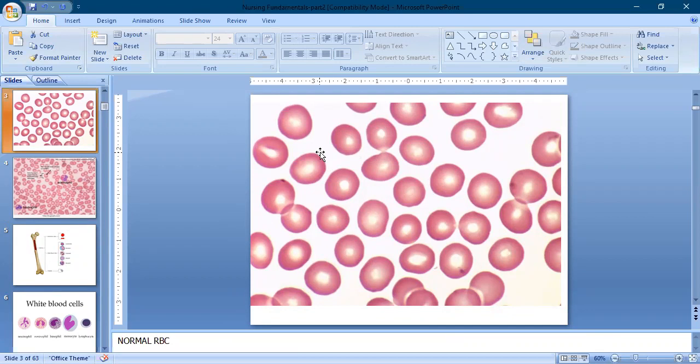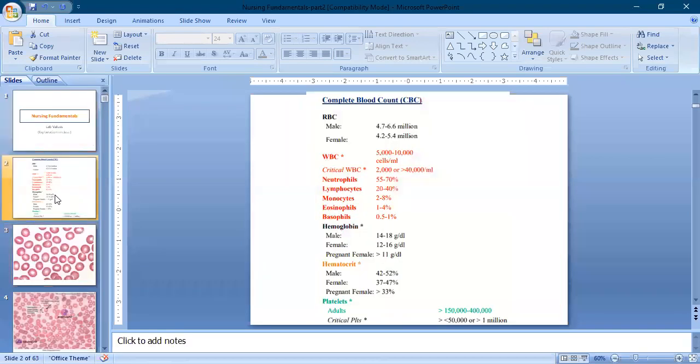So in case of blood loss, sickle cell anemia, iron deficiency anemia, pernicious anemia, folic acid deficiency anemia, in all of these cases, red blood cell goes down, hemoglobin goes down, and hematocrit goes down as well.